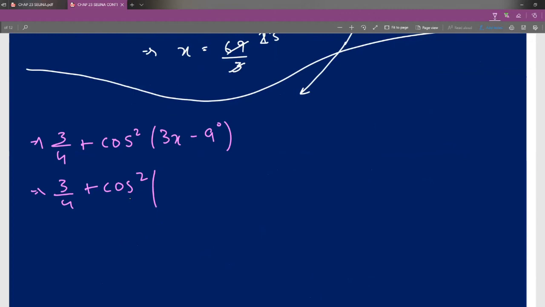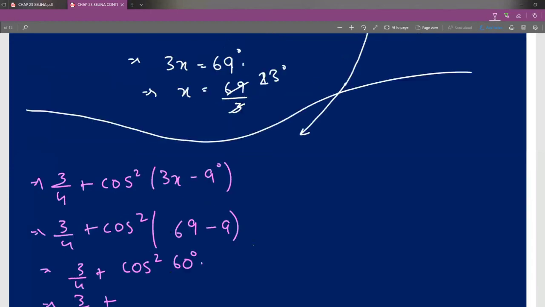So 3 into 23, 23 into 3 will be equal to 69 degree. Minus 9, so we have 3 upon 4 plus cos square 60 degree.